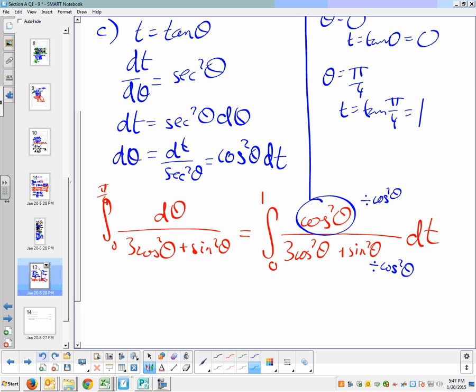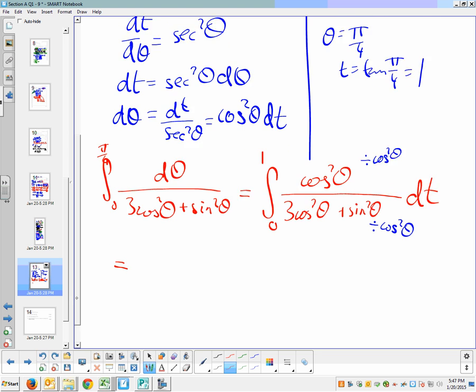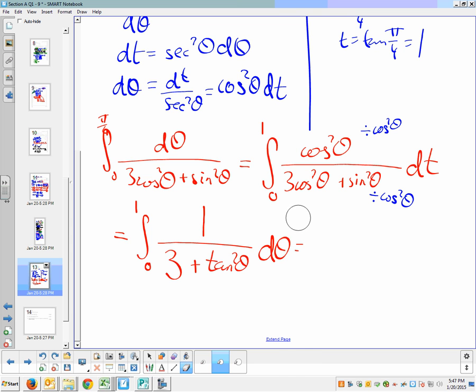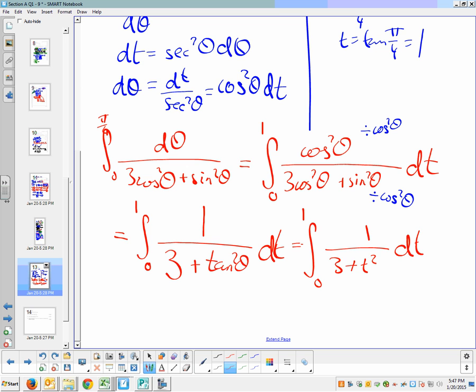So by doing that, tan theta is the thing I want to replace everything with, so I'll get an expression that I can rewrite in terms of t. 1 cos squared theta is 1, 3 cos squared over cos squared is 3, and sine squared over cos squared is tan squared. D theta, dt. So my actual integral is from 0 to 1 of 1 over 3 plus t squared dt.